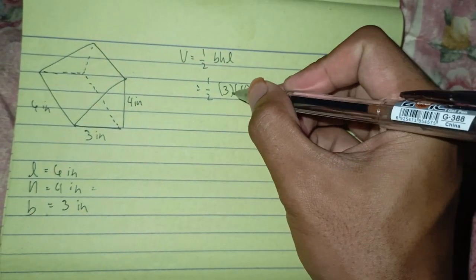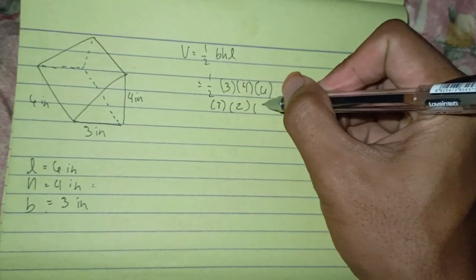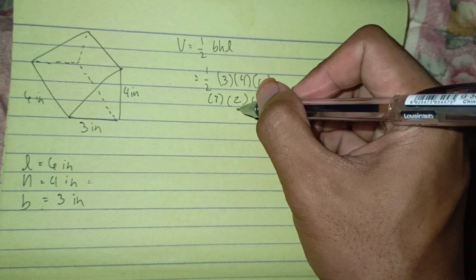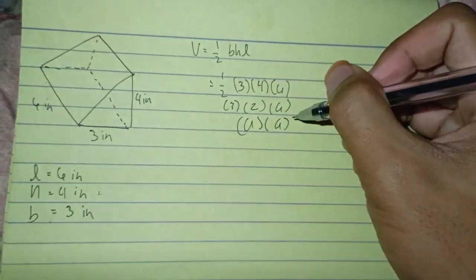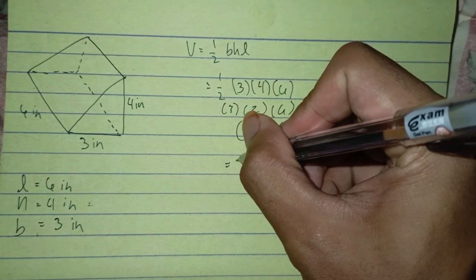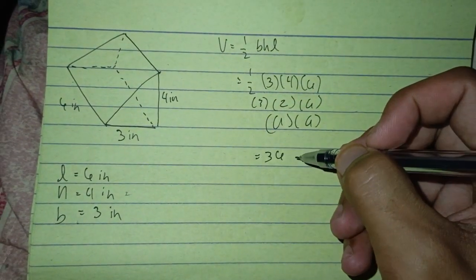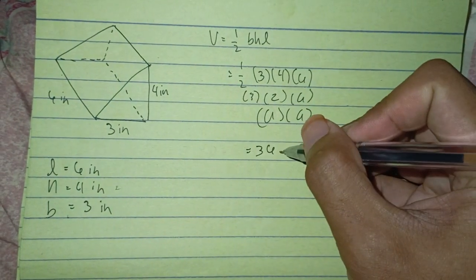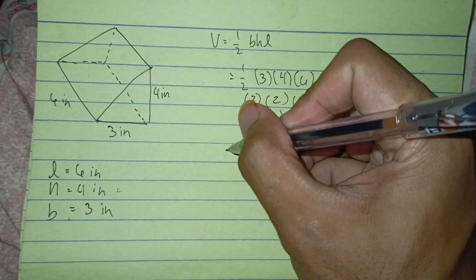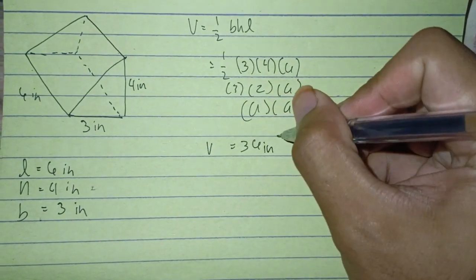So 1/2 of 4 is 2 times 3 times 6. So 3 times 2 is 6 times 6 is equal to 36. Our unit is inches, so inches times inches times inches is cubic inches. So our volume is 36 cubic inches.